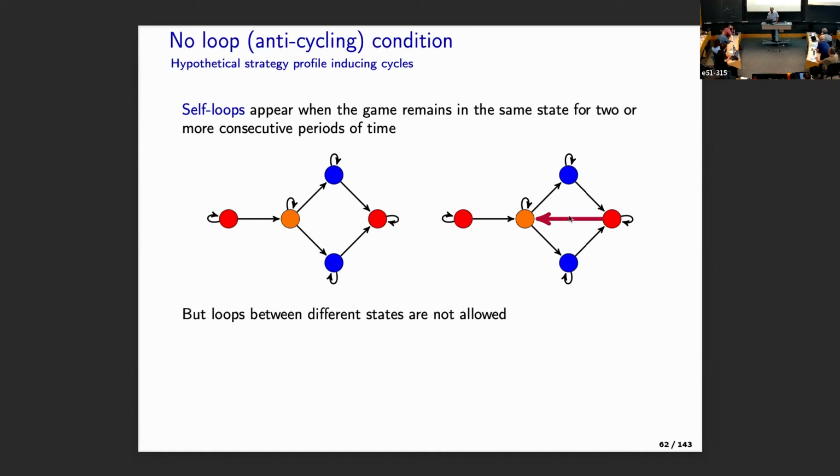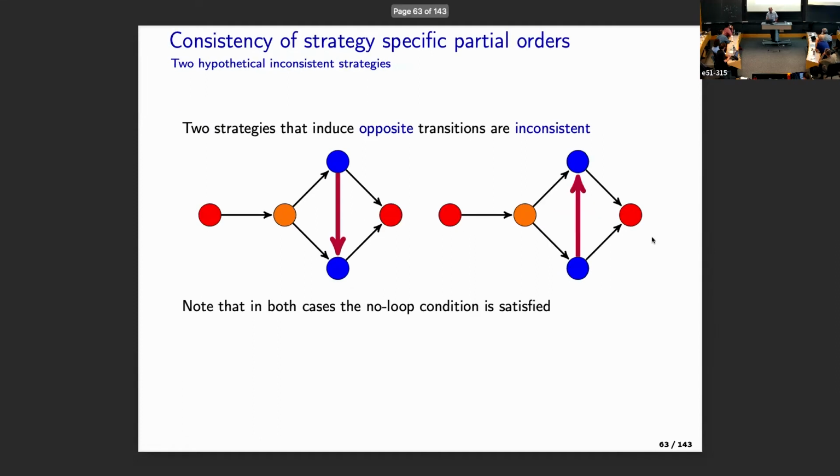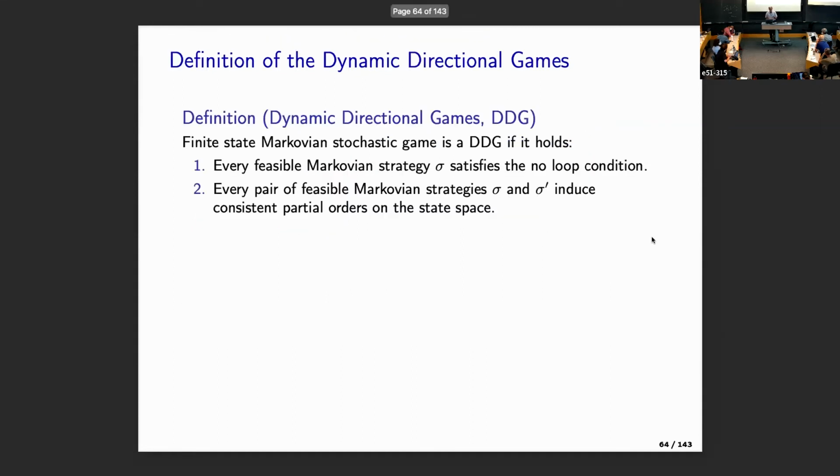And so this anti-cycling condition is one of the conditions in the definition of directional games. Another one is that we need pairwise consistency. We cannot have two different strategy profiles which induce opposite transitions between the state points. Okay. And so now we can say, what is a directional dynamic game? Well, it's a finite state Markovian stochastic game where these two conditions are satisfied for every admissible Markovian strategy or a pair of them.